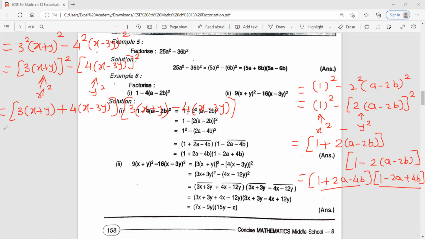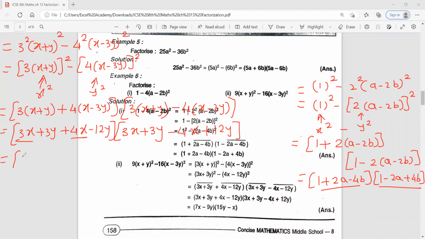आता ब्रॅकेट्स ओपन करा. So you will get 3x plus 3y plus 4x minus 12y. In another bracket you have 3x plus 3y minus 4x plus 12y. आता 3x plus 4x किती होतात 7x, plus 3y minus 12y किती होतात minus 9y.